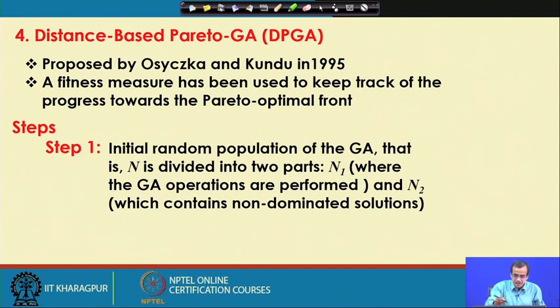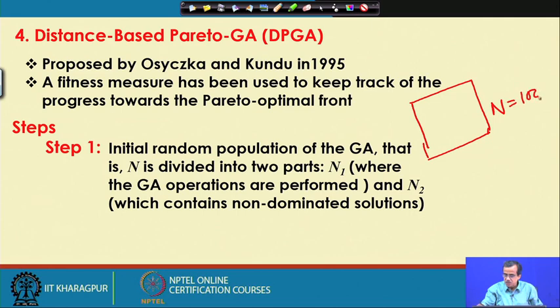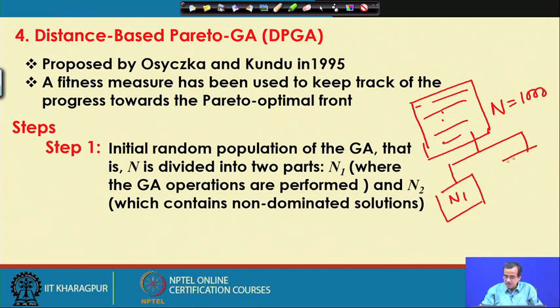To explain it, let me just draw this population. Supposing that this is the initial population N, capital N might be N equals 1000, and the solutions are generated at random. This is divided into two parts: subpopulation N1 and subpopulation N2.